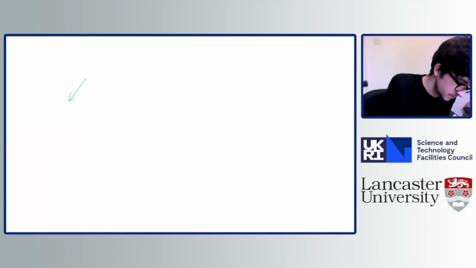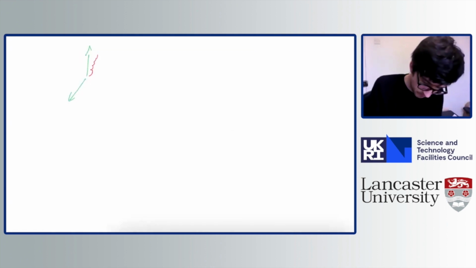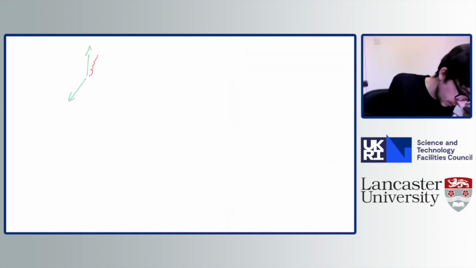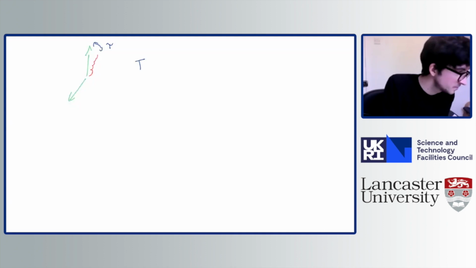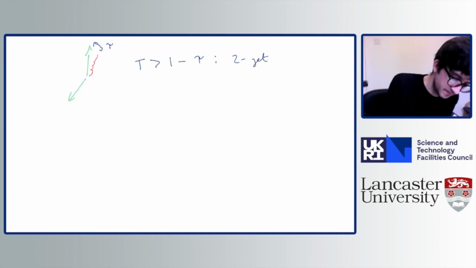So let me draw that again. Let's call that tau. That's our resolution parameter. Essentially, if the thrust is bigger than this tau, then we're going to say it's a two-jet event.